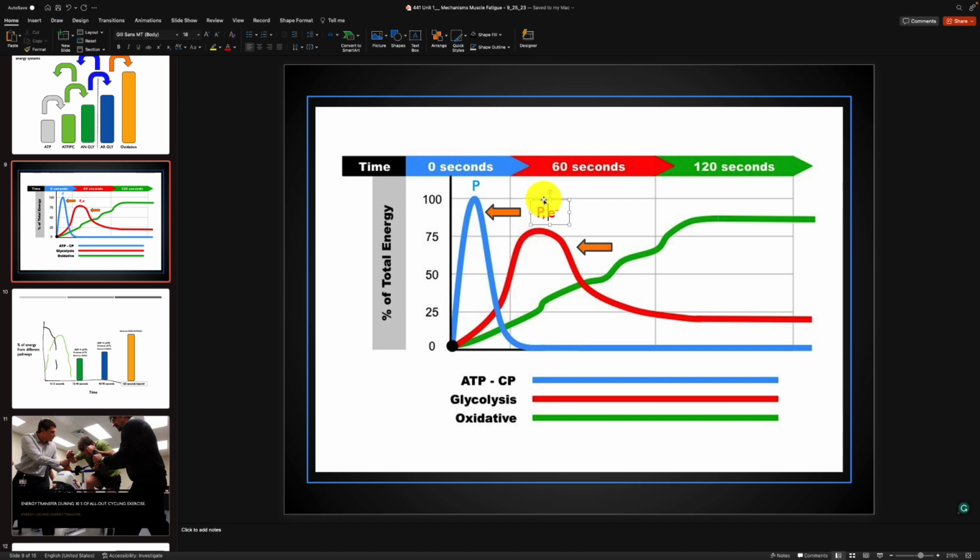And that phosphate is going to be in the form of ADP to ATP. Let me make that a little smaller. Sorry guys, I'm feeling pretty awful here. Okay, so that's going to be ADP to ATP.